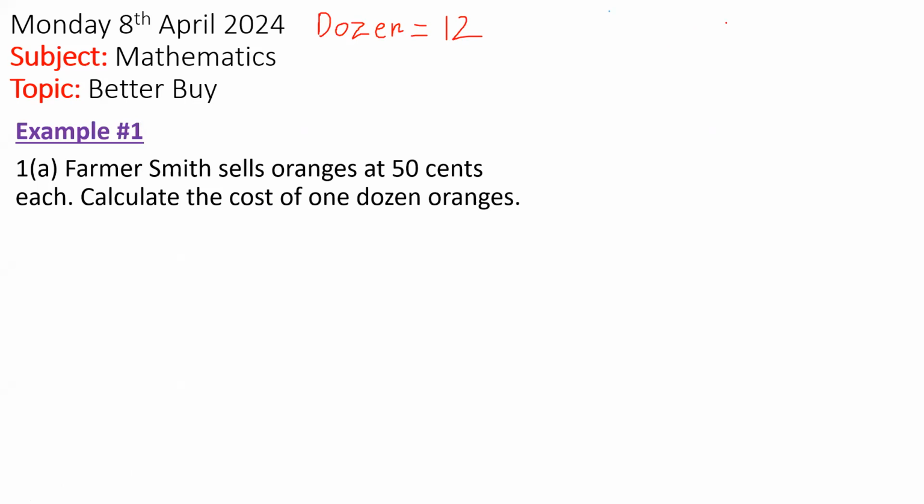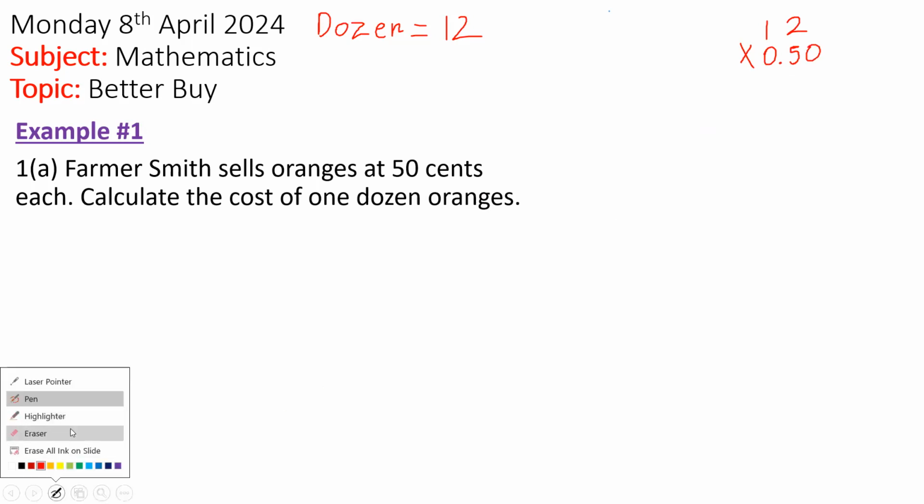So we're going to say 12, which is 1 dozen, multiplied by 50 cents. Now if we want to write 50 cents, that's going to be 0 point what? Someone speak to me, please. 0 point what? 50. Very good, 0.50.